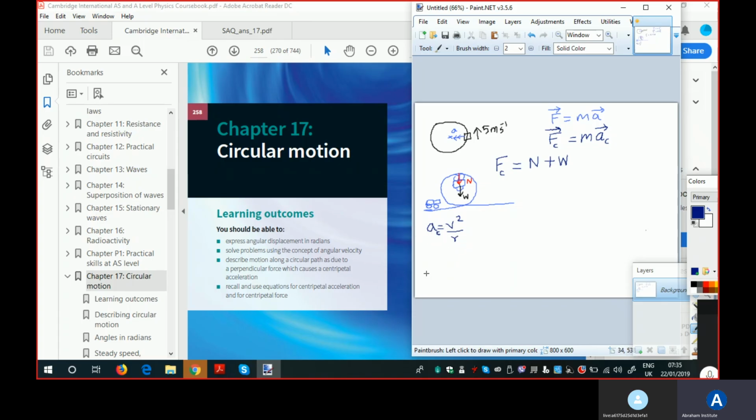I'll use a subscript C to indicate that this is centripetal acceleration, and then AC is also equal to omega squared R.